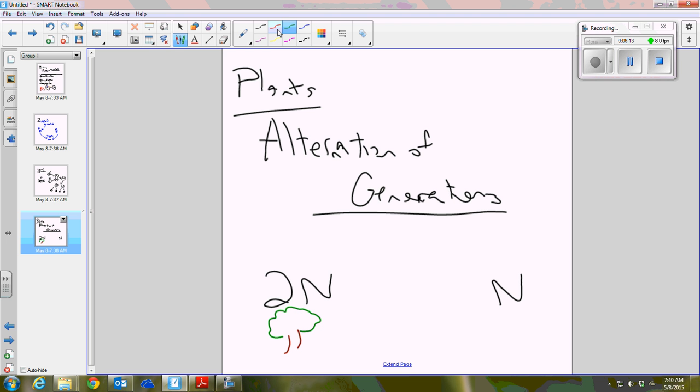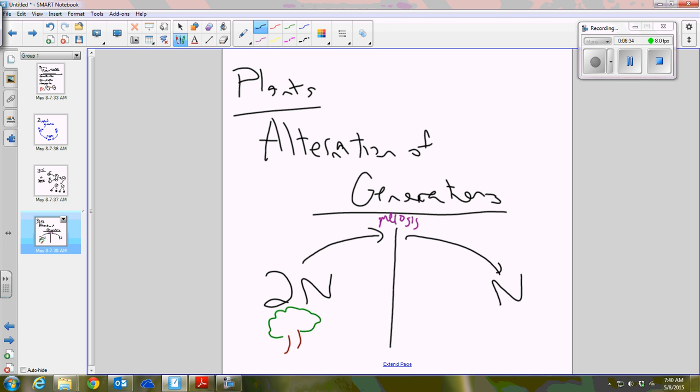You have a 2N sporophyte, and in order to get to the gametophyte stage, it has to go through meiosis. So these cells have to go through meiosis.